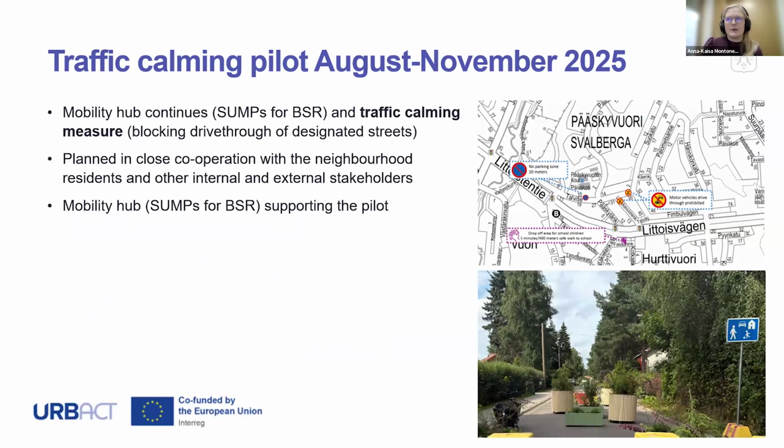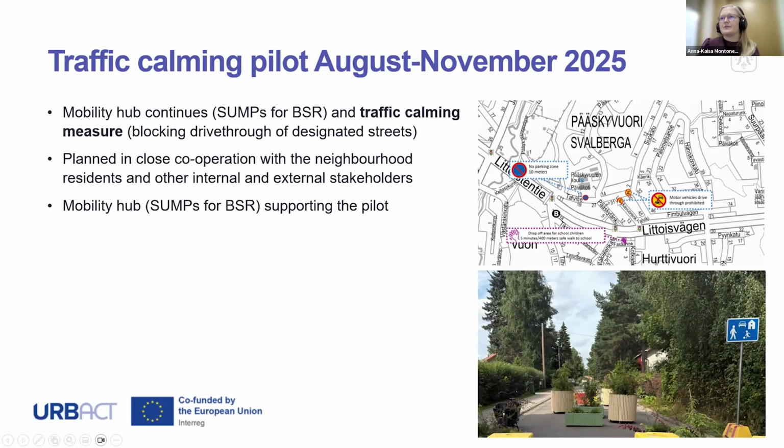There was a lot of traffic in front of the school. I don't know if you can see my pointer. Now you maybe see it. So this is the school, and there was loads of traffic, and perception of safety was very low. So we tried to inform the parents that they could also leave their children here. It's just a 5-minute safe walk to school from here.